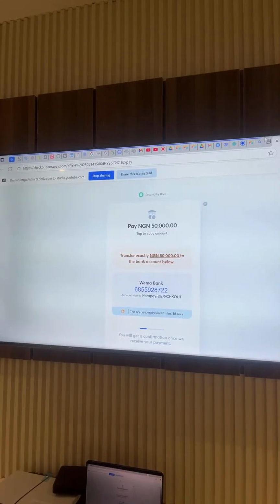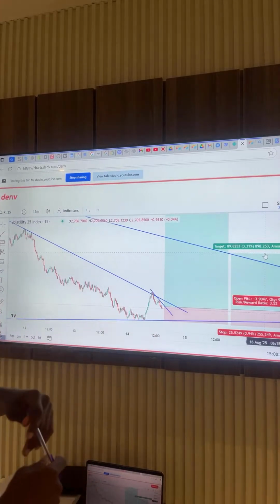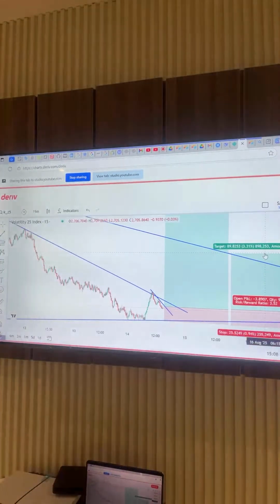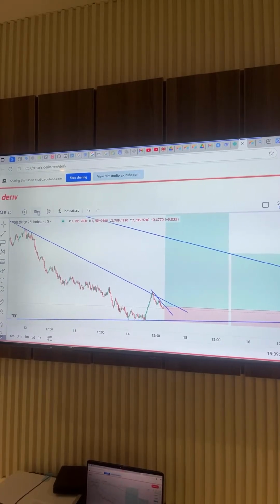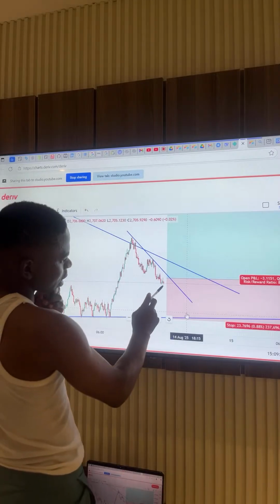As we wait for the money to enter, you see that this market in this 15 minutes time frame has 6 minutes remaining. Let's check 5 minutes to see what is happening. This is exactly what is happening in the market now, as I was telling you.